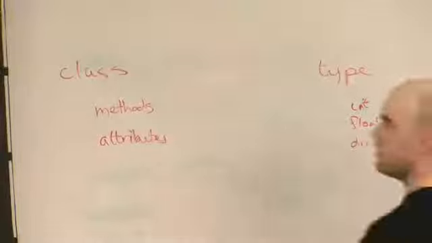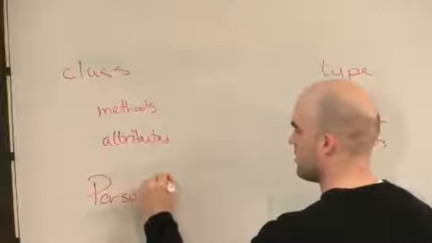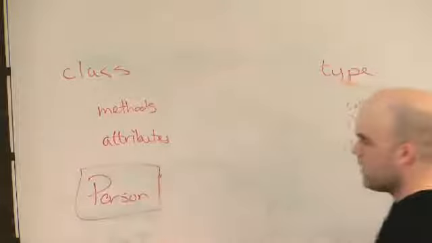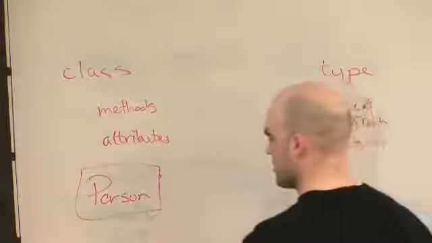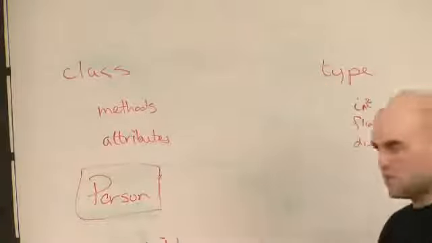So let's say that I have a real world example. I have a person class, right? We've already kind of seen this guy. A person has multiple instances. So there's an instance of Mitch. There's an instance of Garthi.